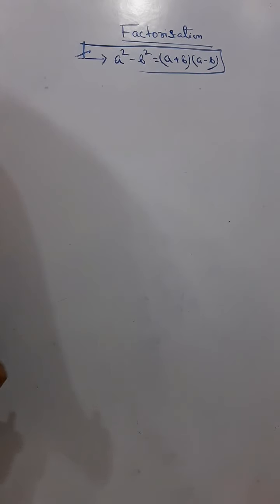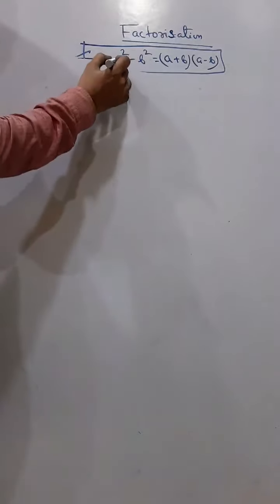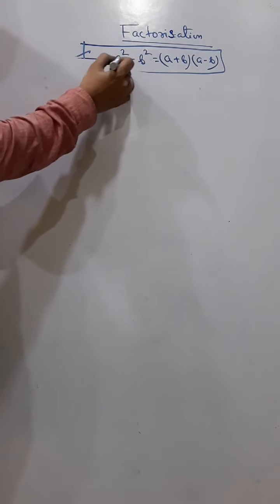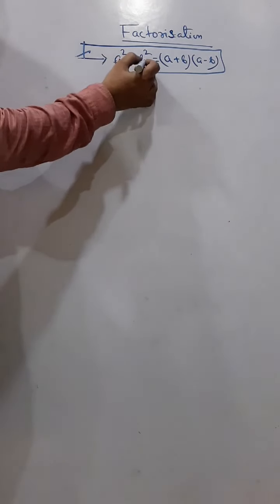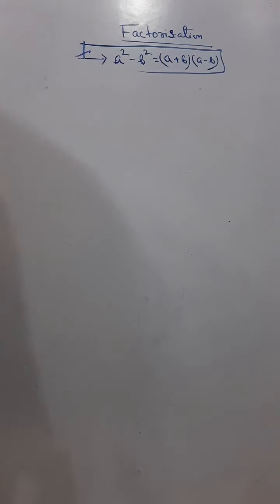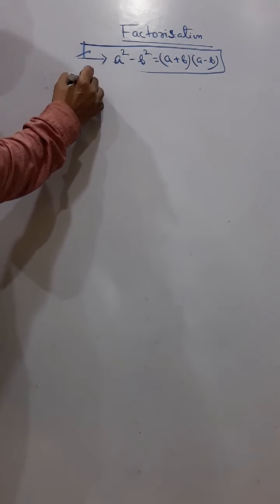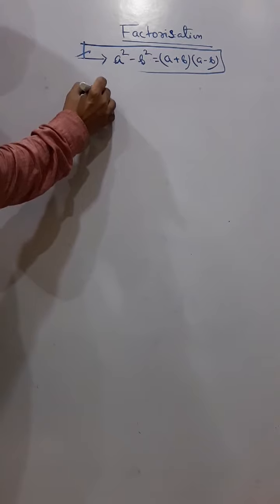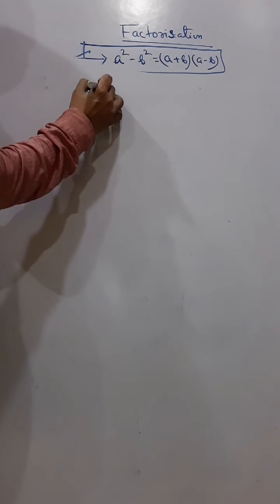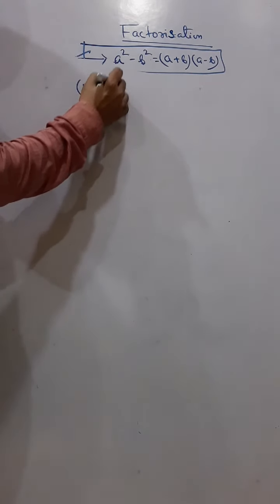A square minus b square is equal to a plus b and a minus b. Now a means the first term and b means the second term. In this, we have to convert the first term into whole square.